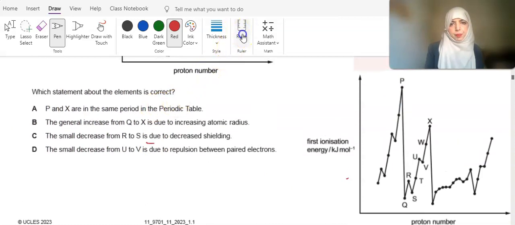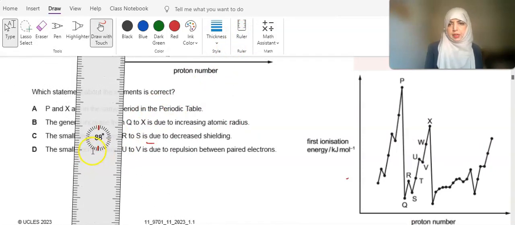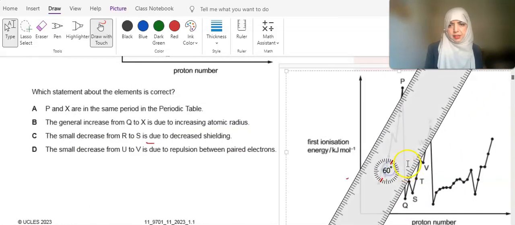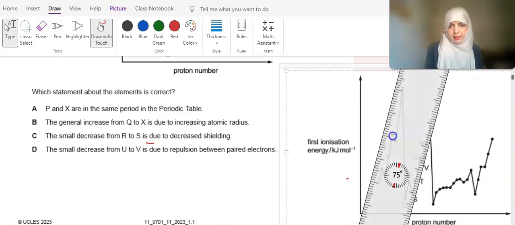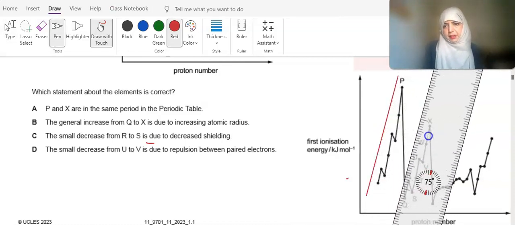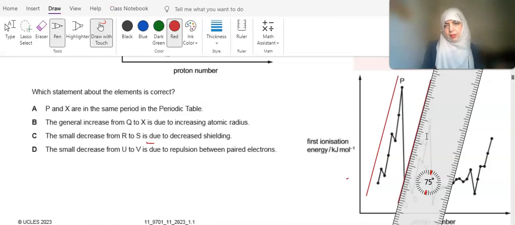Now you know when we talk about this graph, you can see this line shows a period, and this line also shows a period.